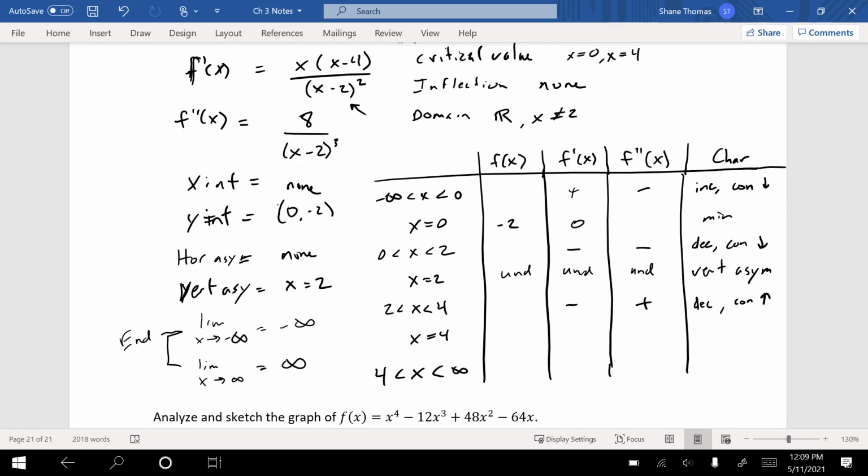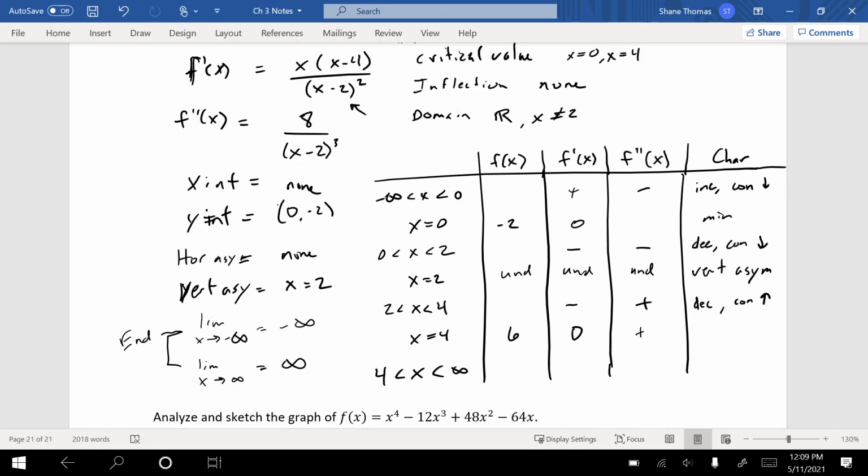At x equals 4, I'm going to have 6. When I plug that in the original, I get 0 at f prime of x. Therefore, it's going to be a critical value. It's going to be a min or max. It's a positive number, and it would be positive at this value as well.